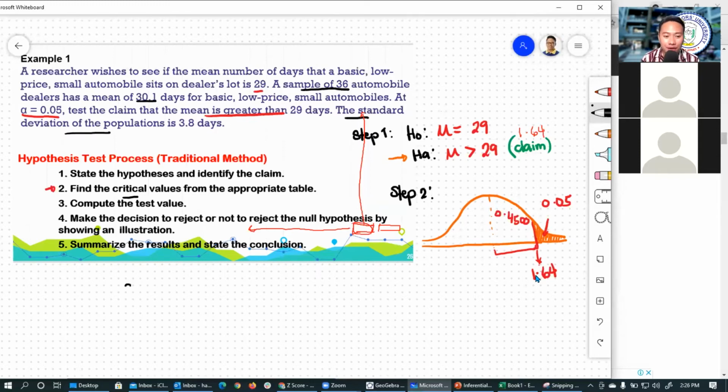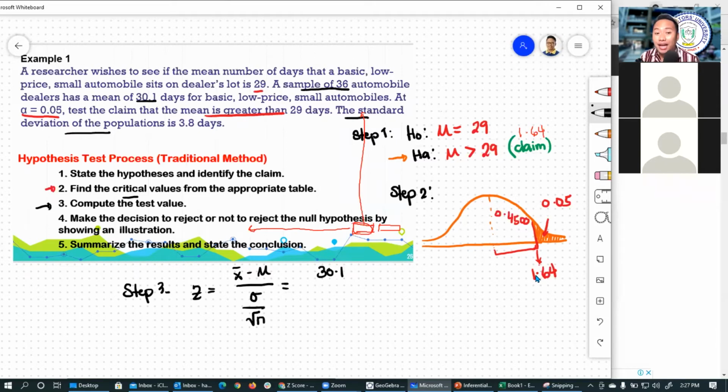Let's work on step 3. Step 3, guys, is compute the test statistic or test value. And the formula that I showed you earlier is the sample mean minus the population mean over the standard deviation over the square root of n. As I have explained earlier, the sample mean is 30.1. Why is it the sample mean?